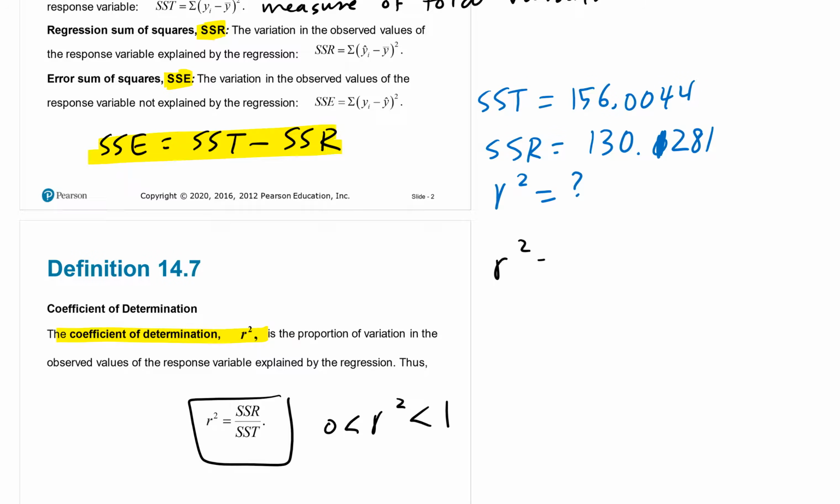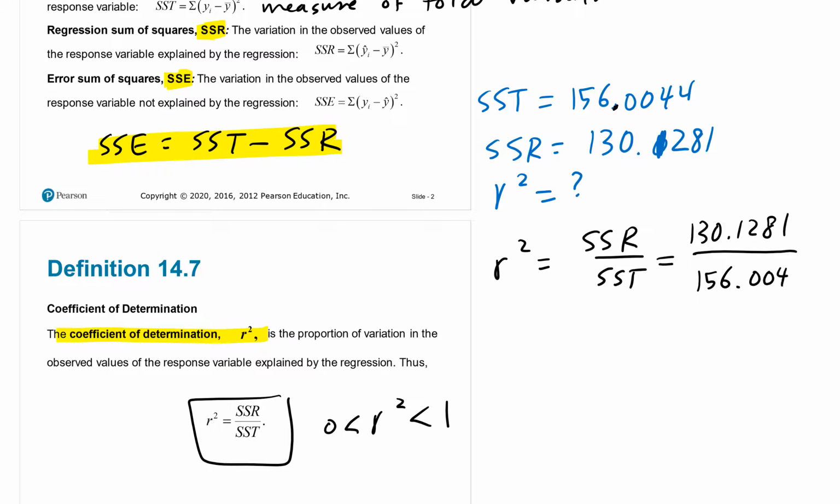R square is SSR over SST, so 130.1281 divided by 156.0044. If you calculate this, that gives us 0.8341. If you get any value below 0 or above 1, something is wrong. The value has to always be between 0 and 1.